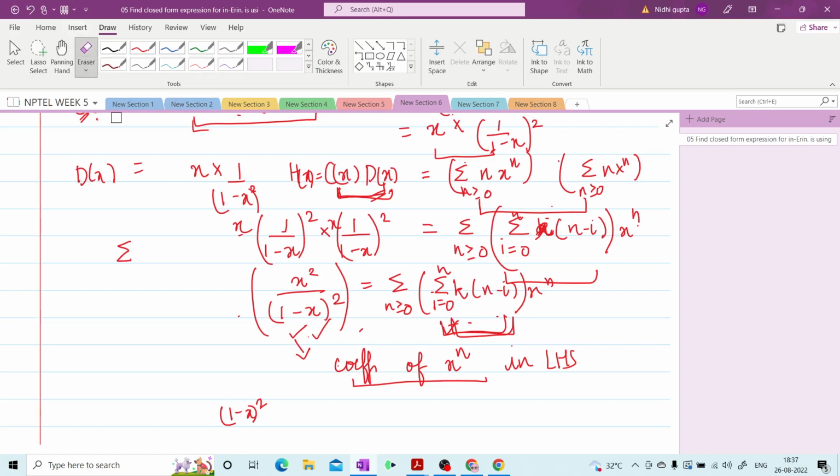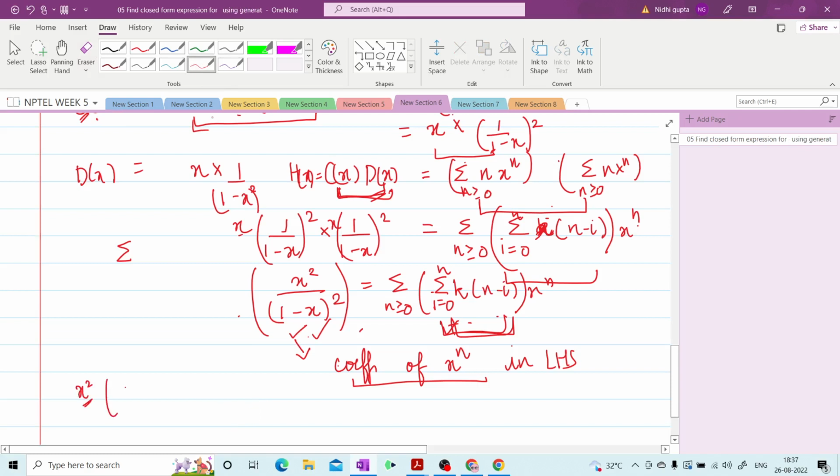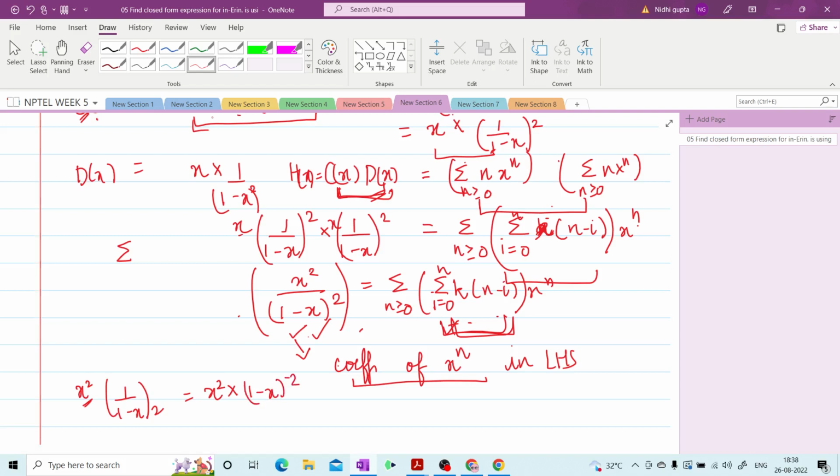Yeah, it's clear. Now, do you have any idea how we can find a closed form expression of this? This is basically x square into (1 minus x) raised to the power minus 2.